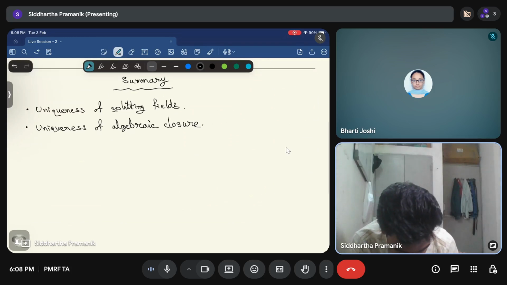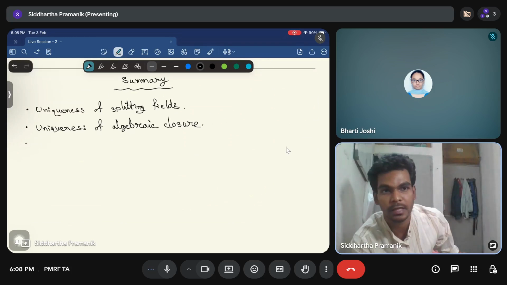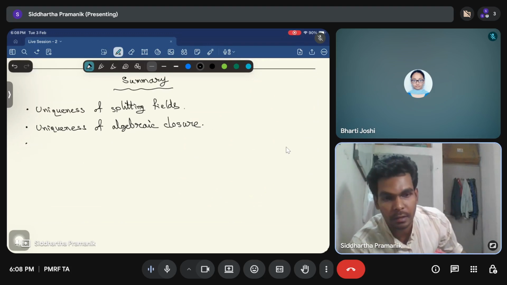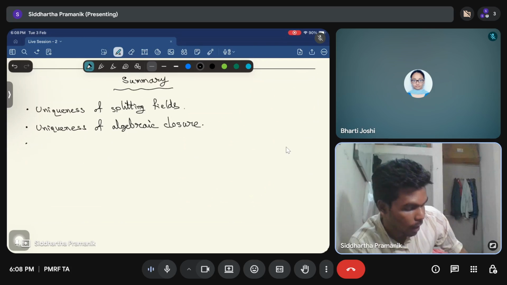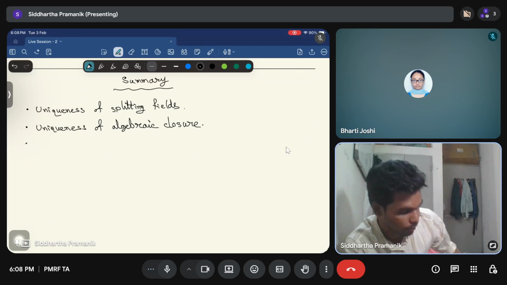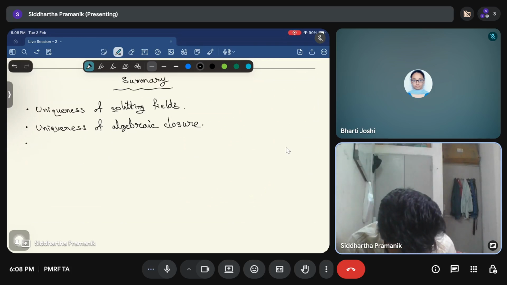After that, we have seen some concrete examples of how to find splitting fields of polynomials.